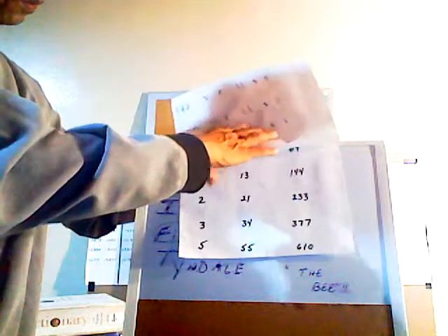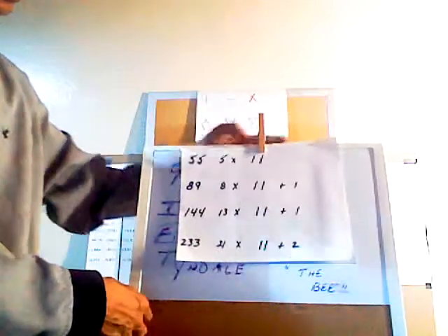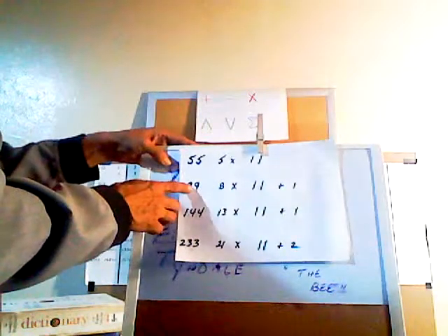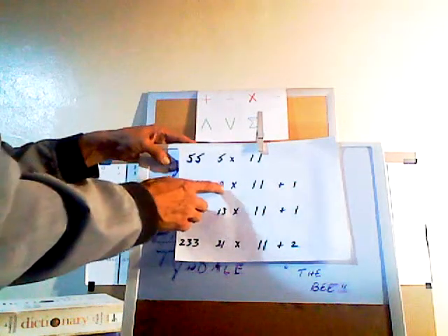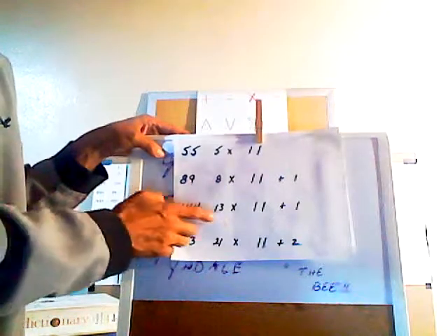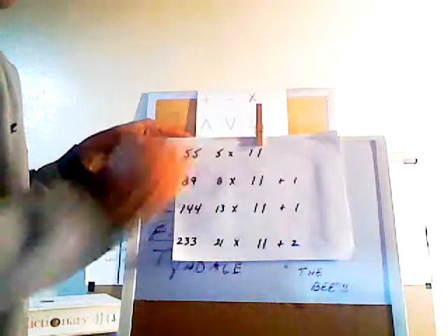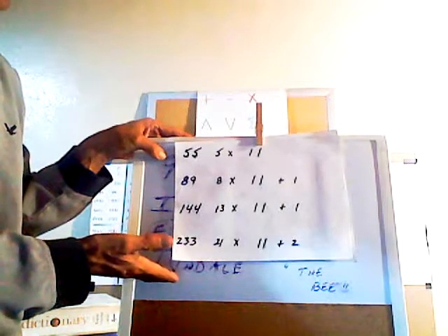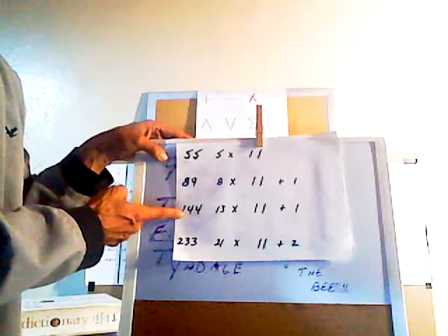You'll see this. We had 1, 1, 2, 3, 5, and here we go again. 89 is 8 times 11 plus 1. There's 1. 144, 13 times 11 plus 1. 233, which is 89 plus 144.